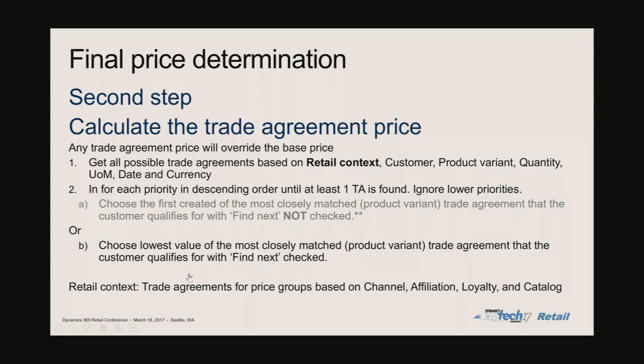So that's kind of where the difference is from discounts. If you've heard me say that in the past, because discounts will then kind of keep going at lower priorities because there could be more items, and discounts are calculated across the whole transaction, where price is calculated one product at a time. Right? There's not overlapping product pricing.